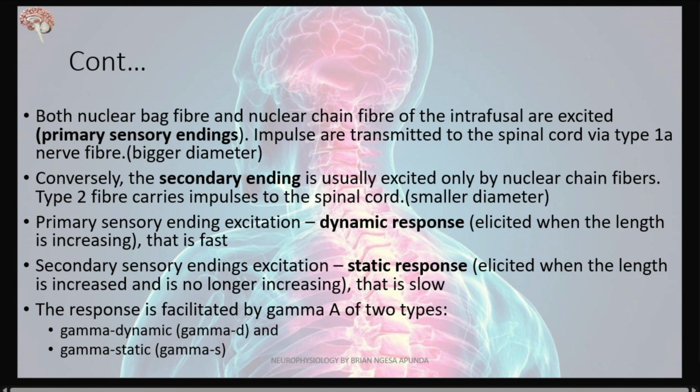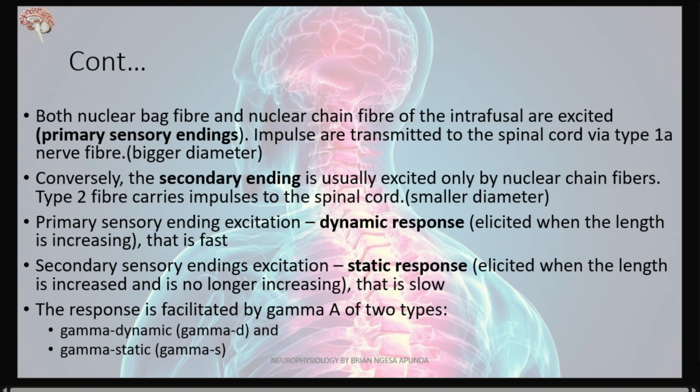So into the intrafusal, we have the muscle spindle. With the muscle spindle, we've seen that we have the primary sensory endings and the secondary sensory endings. The primary sensory ending has receptors that start from the nuclear bag, and we also have that which starts from the linear chain, while the secondary is likely to have receptors only starting from the nuclear chain.